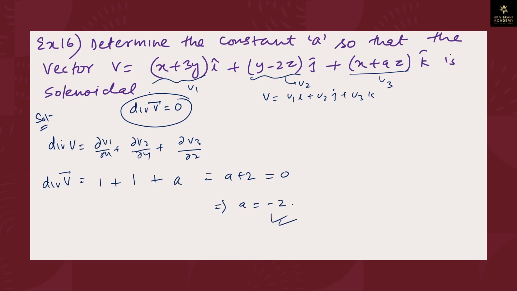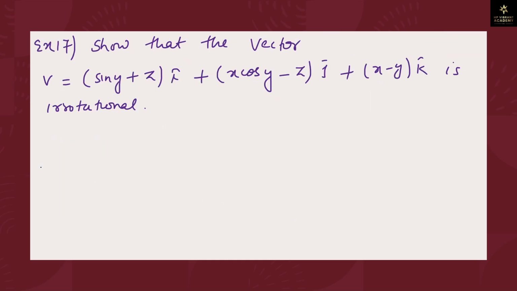Okay. Now let us discuss question number 17. Show that the vector v is irrotational. So let us take this as v1, v2, and this is v3. Okay, so for irrotational vector, we have del cross v is equal to 0.